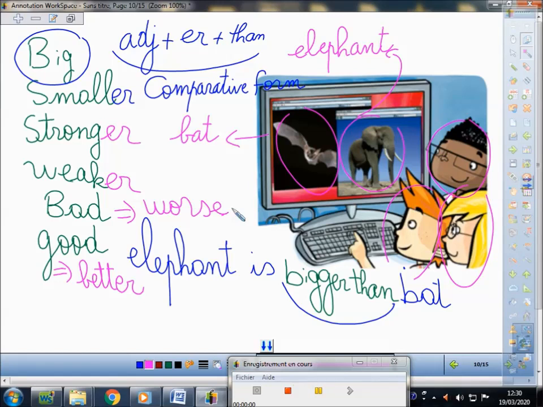Some adjectives don't need er, but they have to be preceded by more.